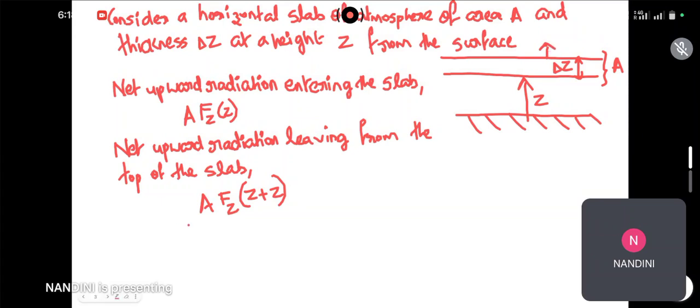So A Fz into Z plus delta Z is the radiation that is leaving the slab.